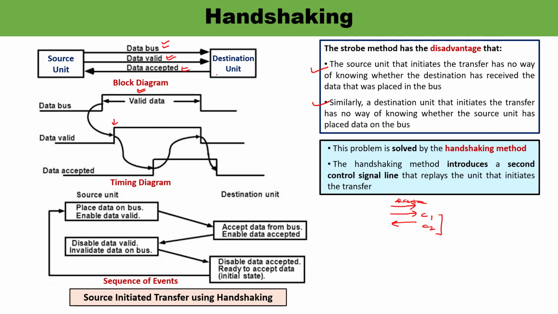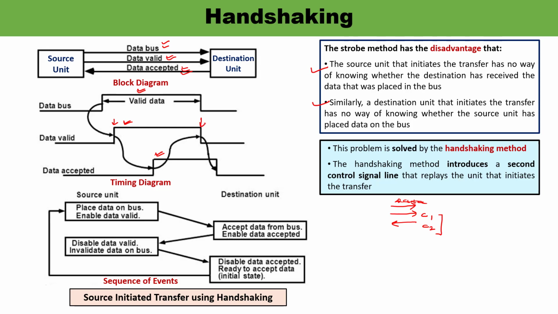It activates the data accepted signal when it accepts the data from the data bus. So first data is placed on the data buses, then this signal is sent to the destination unit, and when the destination unit receives the data, the data accepted signal is sent back by the destination unit. And when this data transfer takes place, the source unit disables the data valid signal.